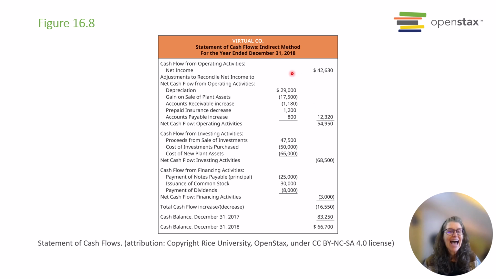We add those together to get a net adjustments amount of $12,320. Add that to the net income, and we have a net cash flow from our operating activities of $54,950.